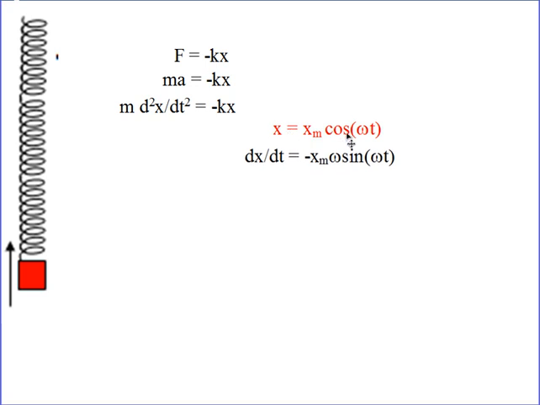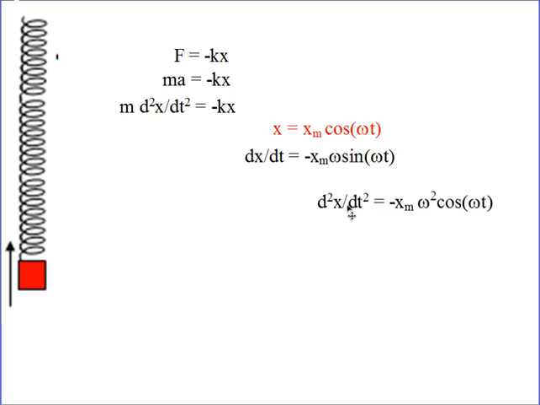If this were a solution, then taking the derivative with respect to time of this, here I hope that you got a chain rule to deal with, that the derivative of cosine is negative sine, but you also need to take the derivative of what's inside, so it ends up being x_m, which is going to mean the maximum displacement, times the cosine of omega t.